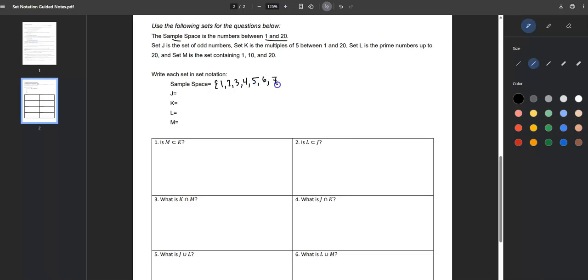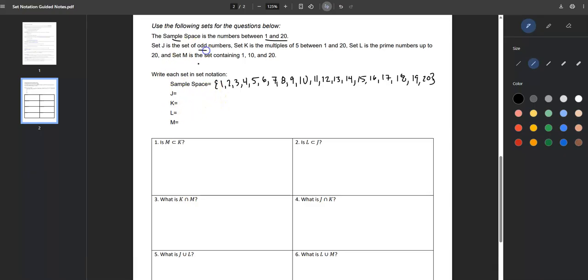Yes, this can be a little tedious, but we're visually writing them and communicating with each other that way. This might be the longest one you will ever have to do, and I'm doing it for you here. So you just list them all out. That is my sample space. And again, I put those curly brackets or squiggly brackets.